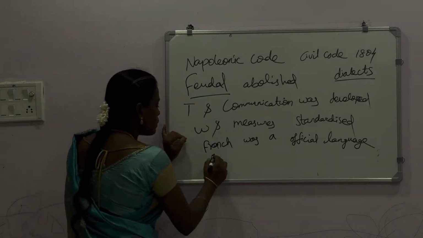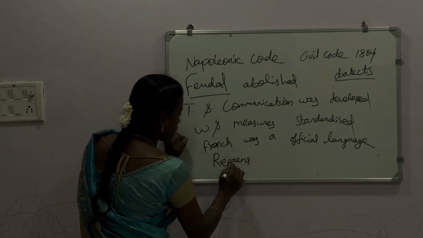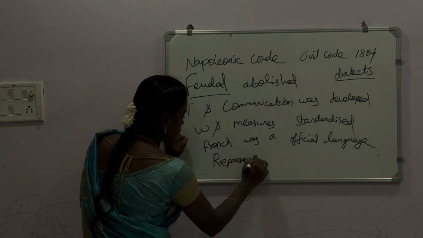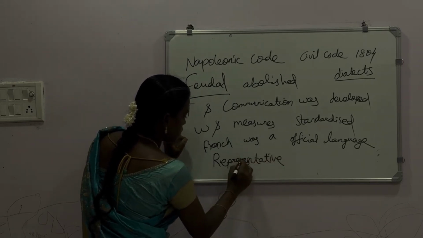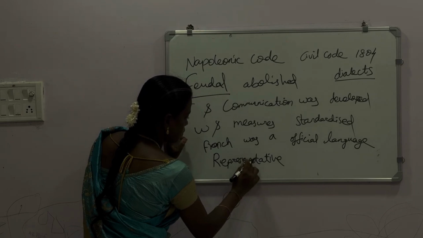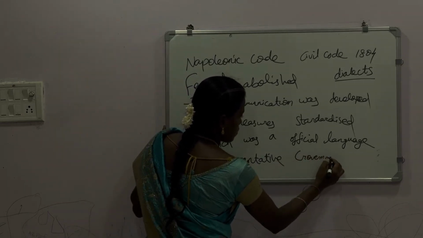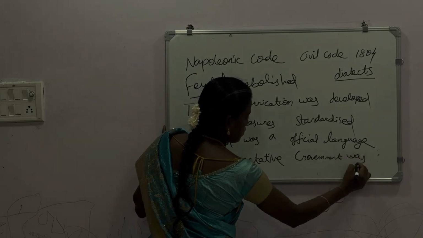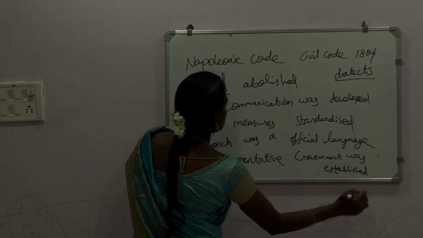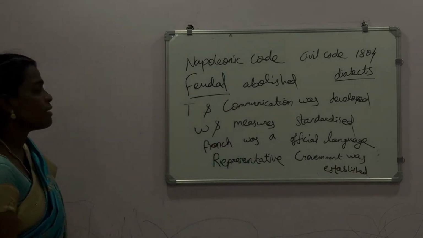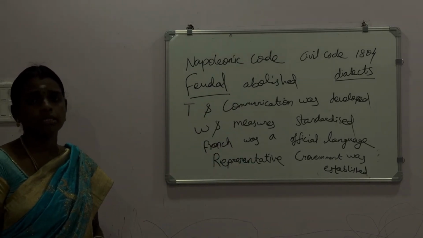And representative government was established. So these were some changes brought under the Napoleonic Code or Civil Code, which was introduced in the year 1804.